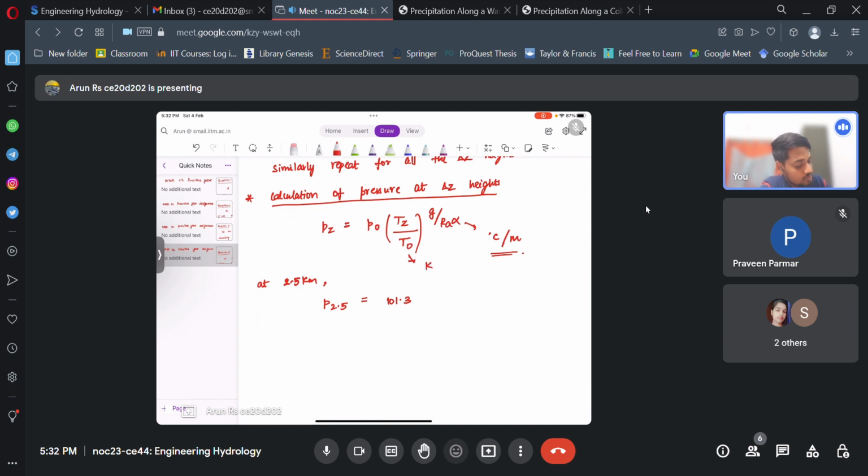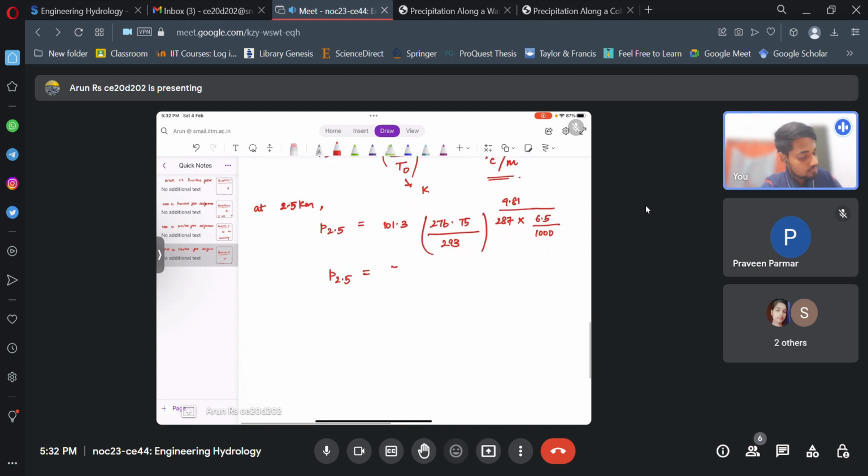Anyway, we are going to take the ratio, so it does not matter. 276.75 into 6.5 divided by 1000. So pressure at 2.5 kilometer height is 75.04 kilopascals.